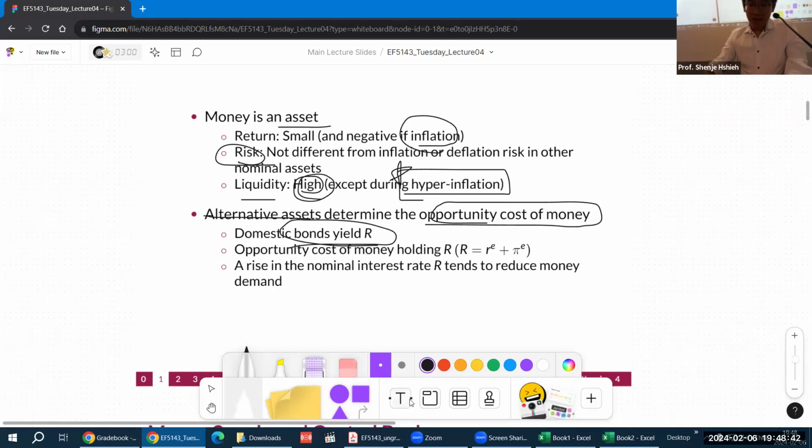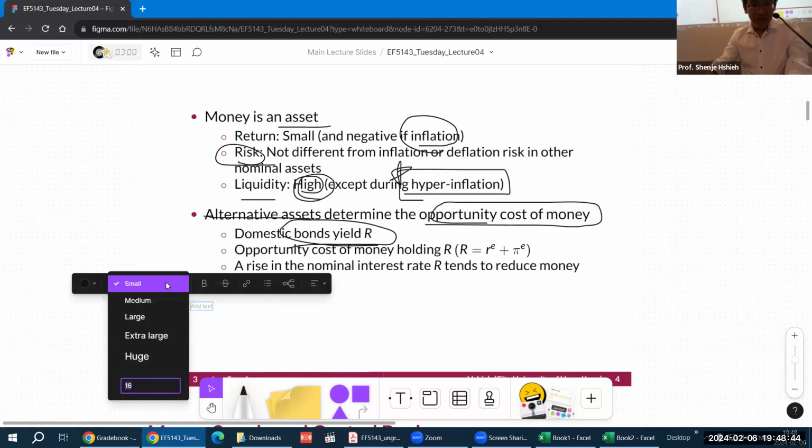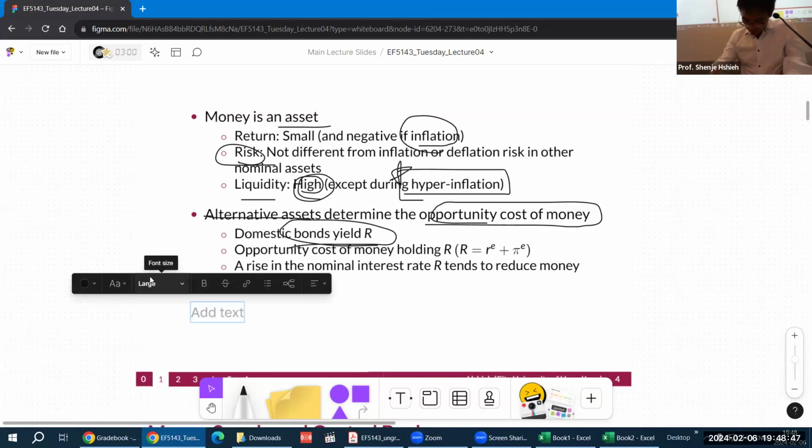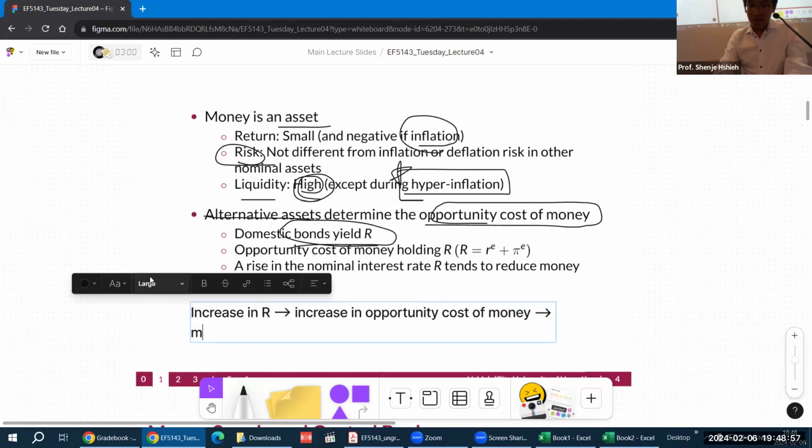So maybe I'll write that down just to emphasize the point. If you have an increase in R, then there's an increase in the opportunity cost of money, which means money demand decreases, right? R is the return, your next best investment return. With higher R, some of you will be persuaded to part with your money today and put it in a bank account, right? Bank deposits are all linked with bonds.